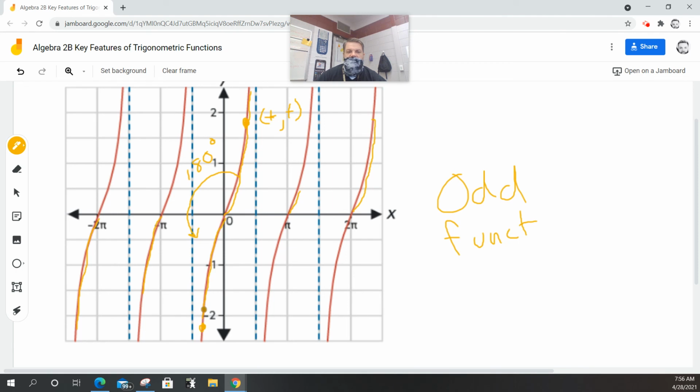It's probably closer to here. Yeah, it's about here. When I plug in my negative x, I get a negative y. So that's another reason it's an odd function. When I take the negative value for x and plug it in, I'll get the exact same value for y, but the opposite. Okay. And so that's it for that one.